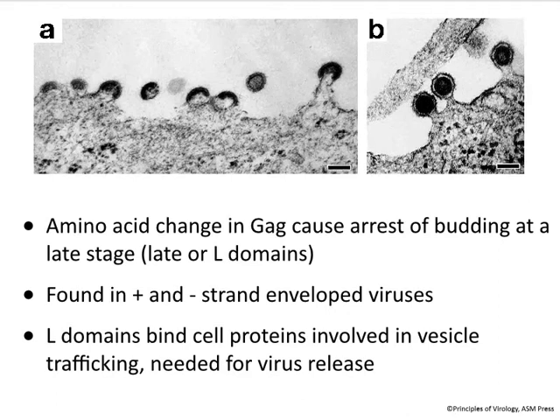It turns out that after many years of studying, people found that the L domains that were changed in these GAG proteins interact with cellular proteins that are involved in vesicle trafficking. There's a whole system in eukaryotic cells involved in the production of vesicles for these kinds of trafficking, and the viruses interact with it, in particular the GAG protein of retroviruses.